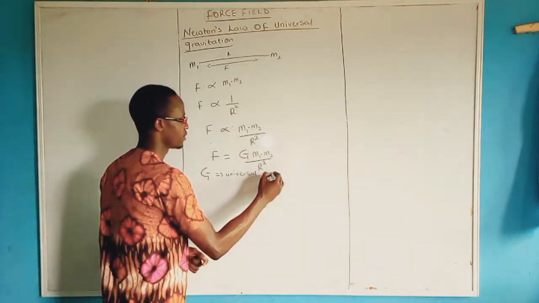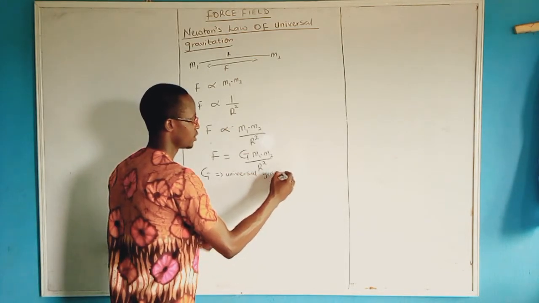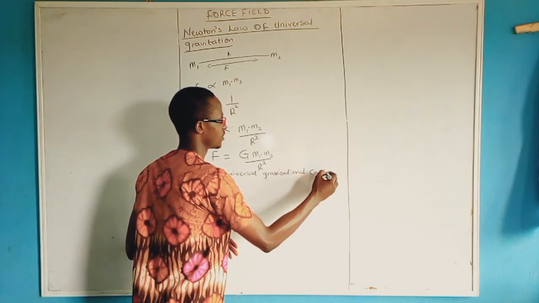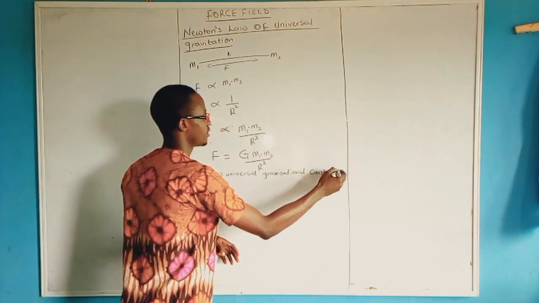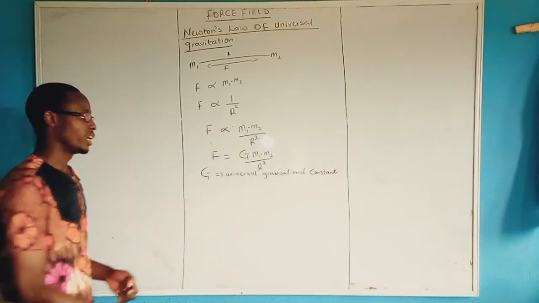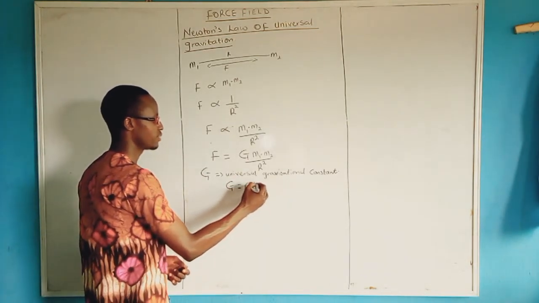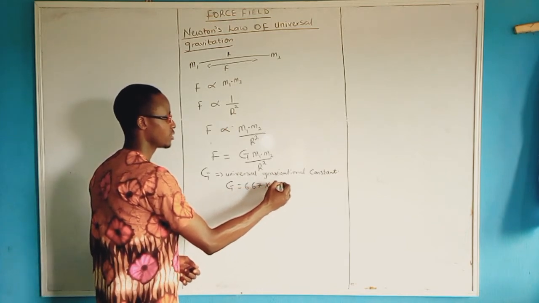Don't forget the value of G is 6.67 times 10 raised to the power minus 11.